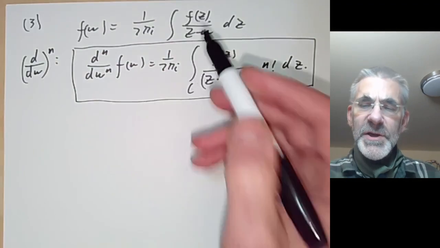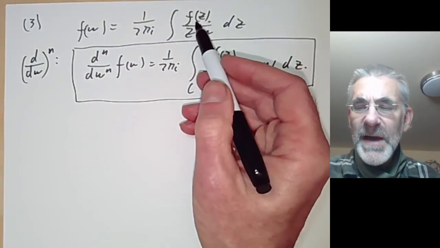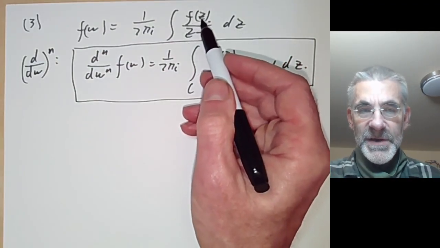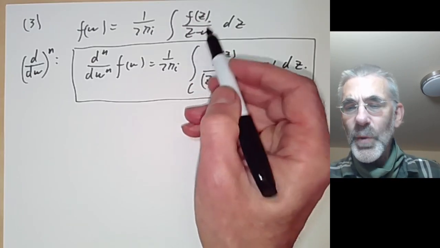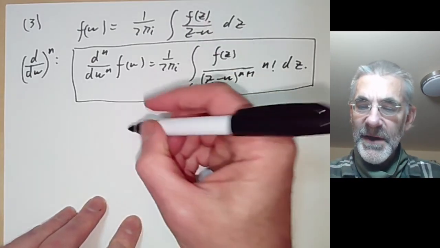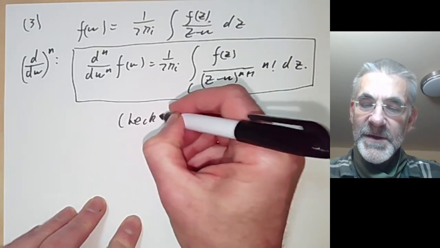We should actually stop and check that this is really valid, because here we're differentiating under the integral sign, and you can't always differentiate under the integral sign. So we should check that this is possible.